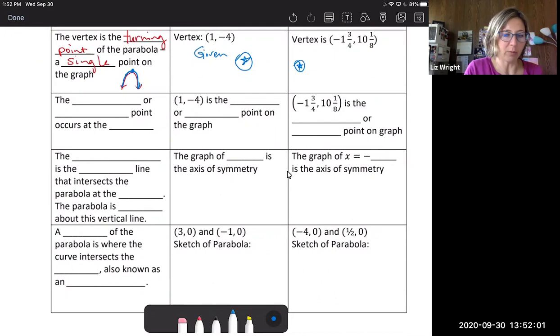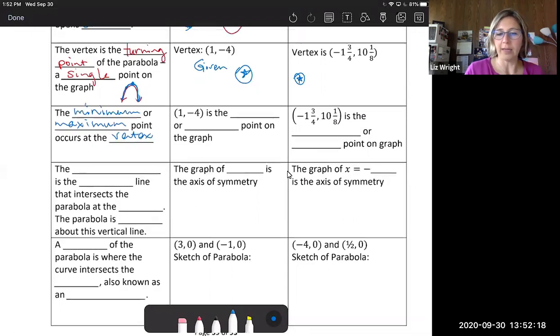The next piece that I want you to look at is the minimum or maximum point, which occurs at the vertex. So 1, -4, think about this.